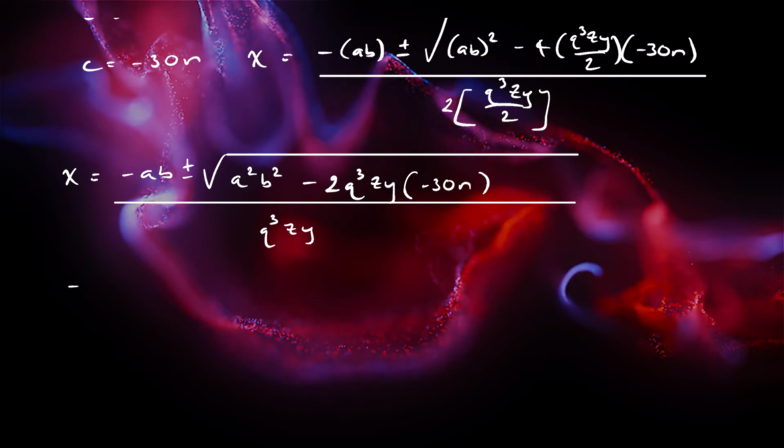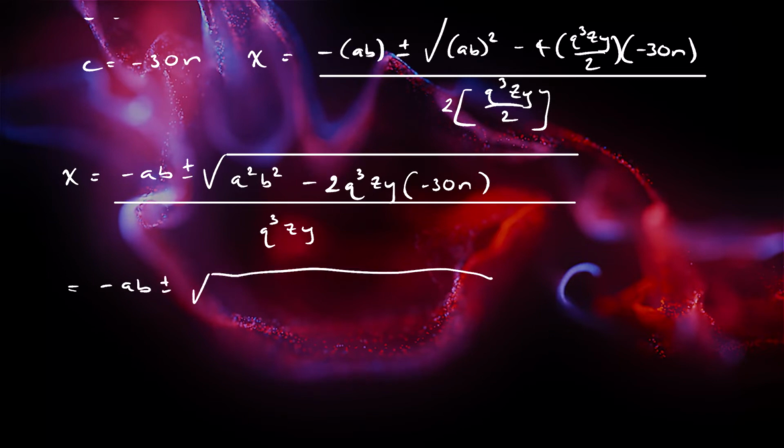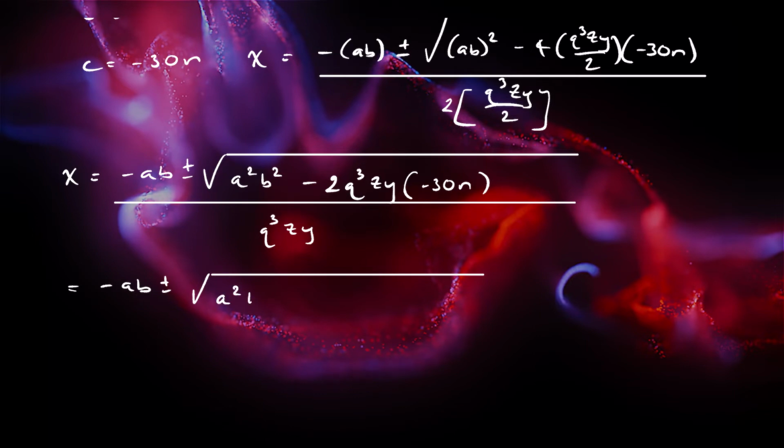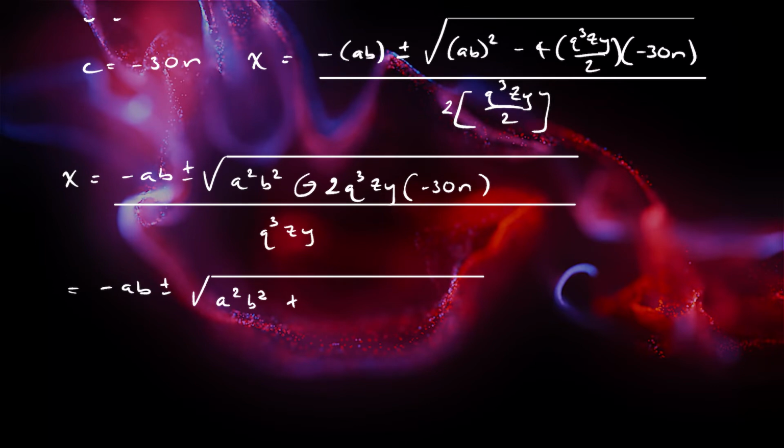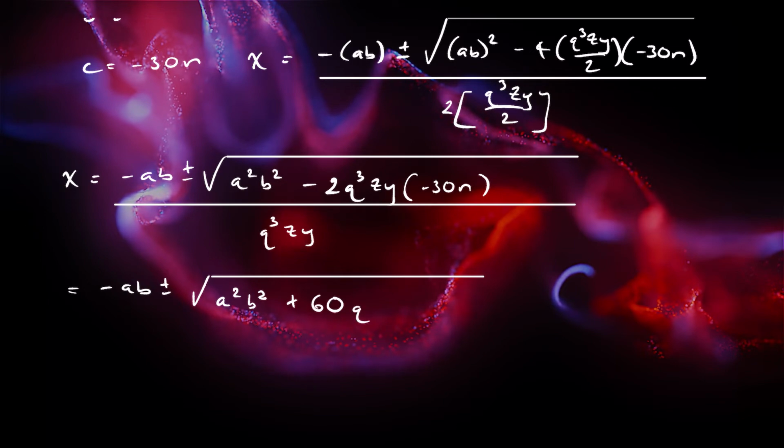Let's continue to simplify. We're going to get negative ab plus or minus the square root of what we've got here, a squared b squared plus, because this is a minus here and a minus here when we do the multiplication, so plus 2 times 30 being 60, and we're going to get 60q cubed zy n.